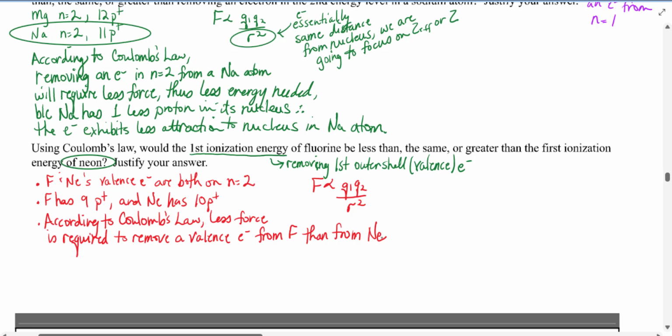Now, here's the deal with this. You are not explicitly stating that you have a -1 for your electron charge and your nuclear charge is 9 and then 10.